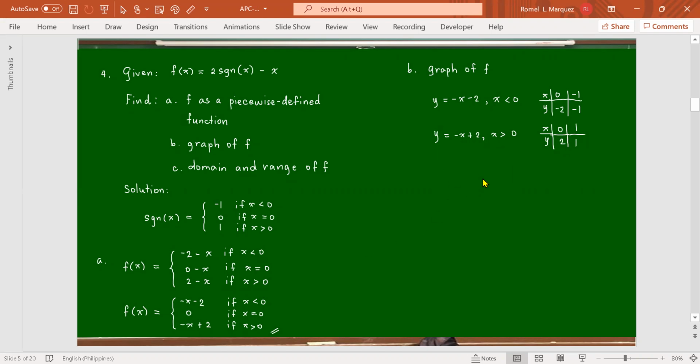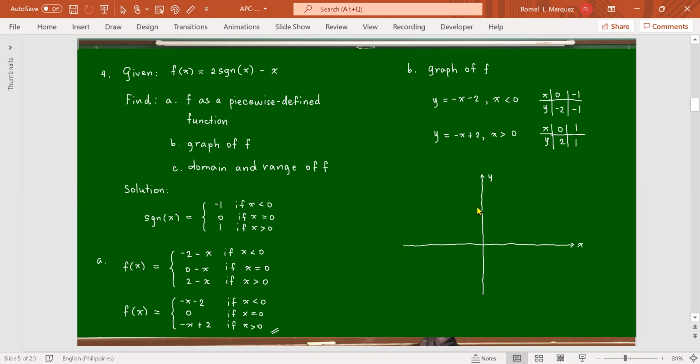So let's now draw the graph. X-axis, y-axis.